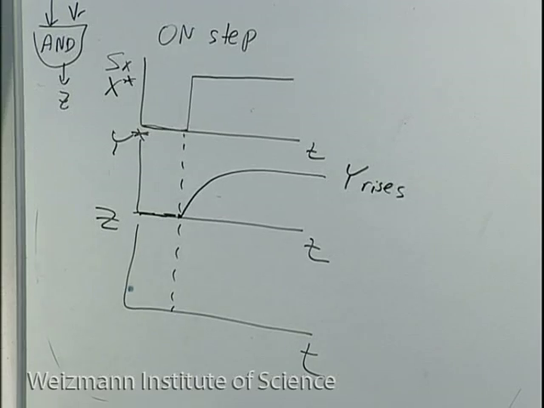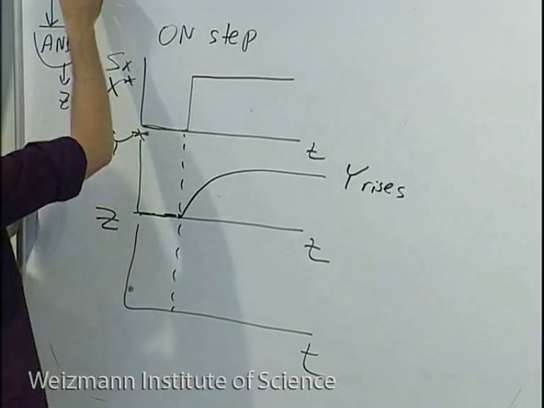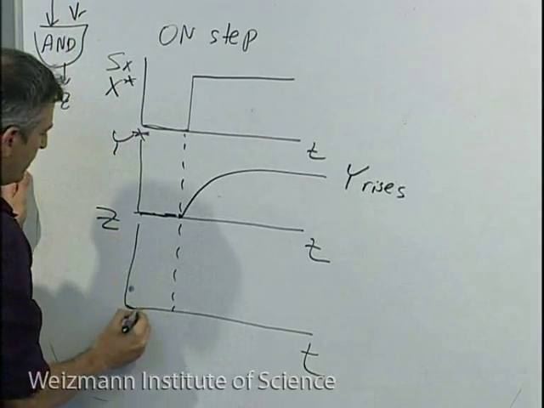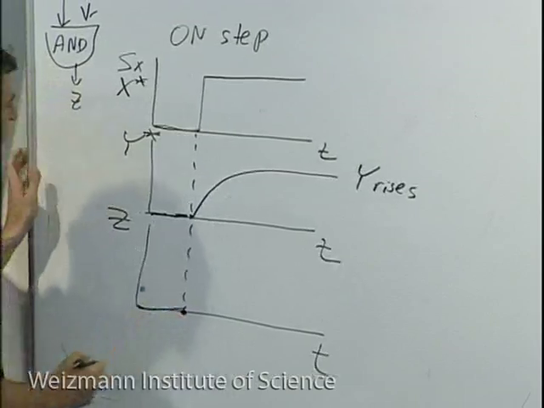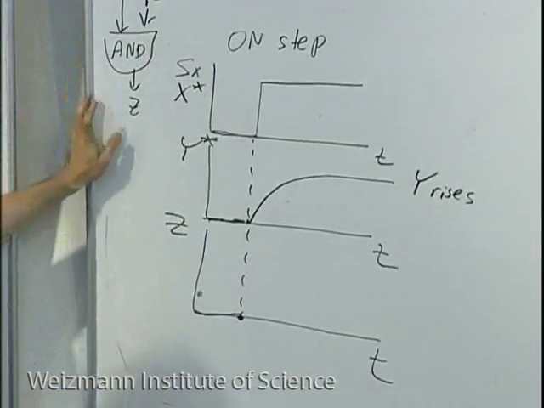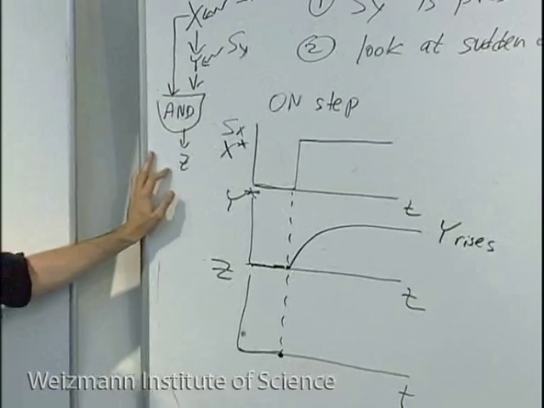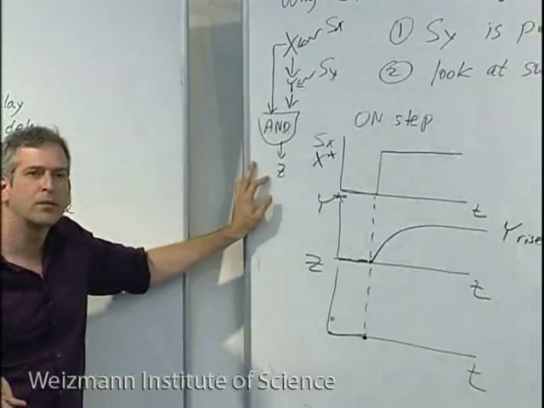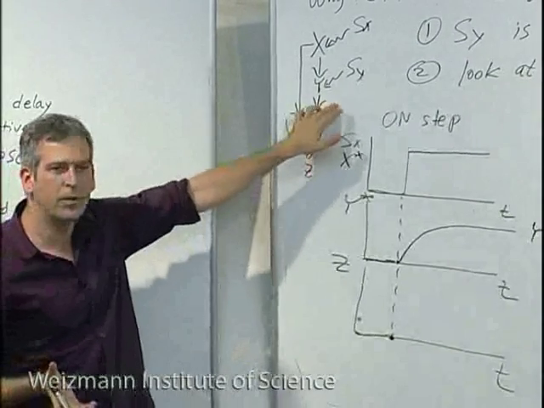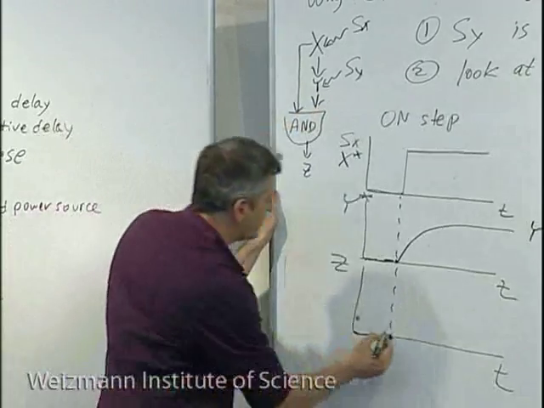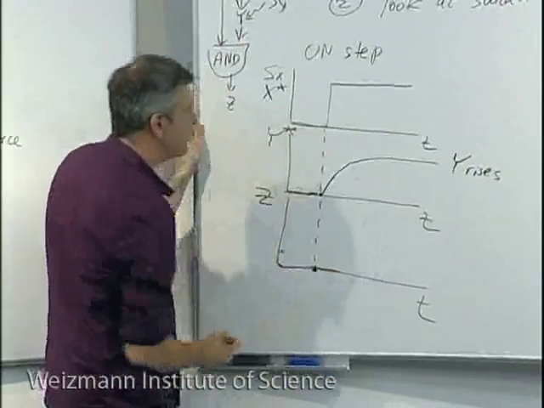What about Z? Z was 0. Now at time t equals 0, X is active. Does Z start being produced? I hear the answer no. Why not? Because it's an AND gate. You also need Y. So it's not produced. When does it start being produced?